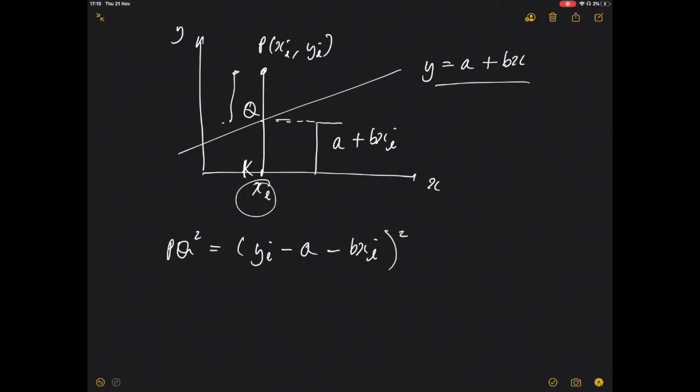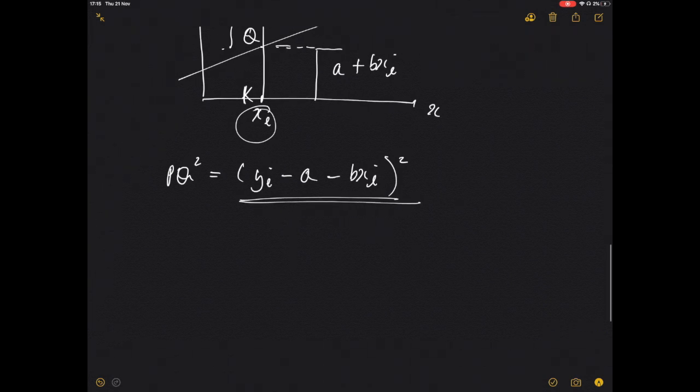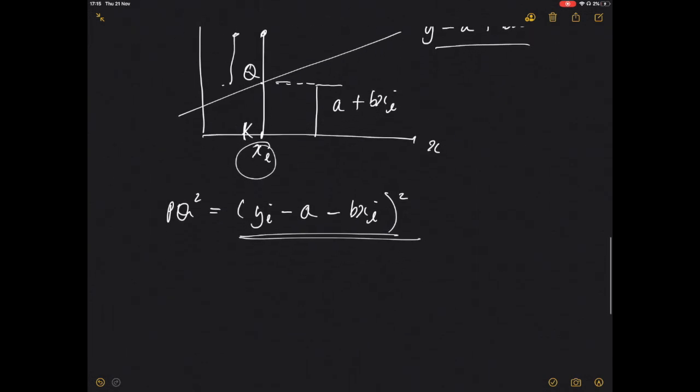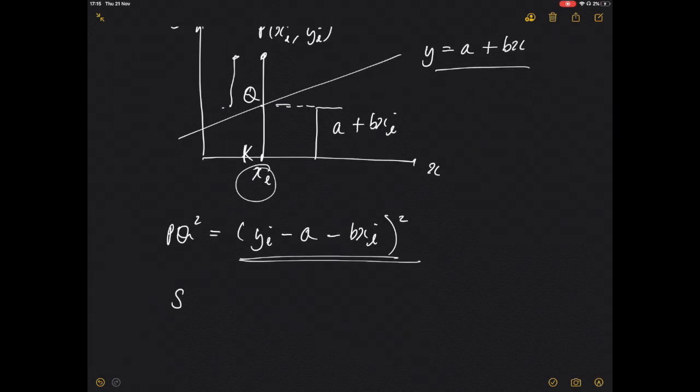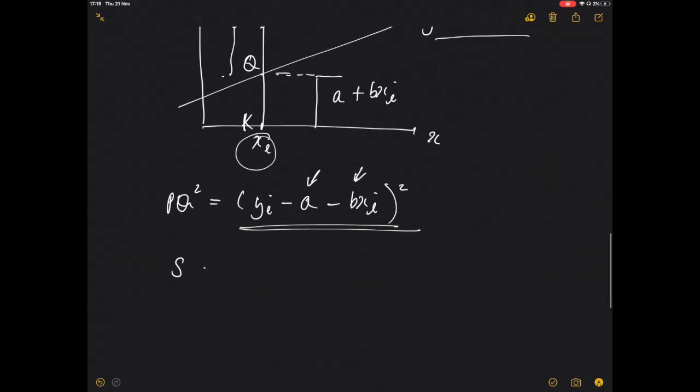So this now is a description, and it's actually a description of our slope, S. So this is showing our change about two variables, a and b. So we could say that our S is equal to y_i minus a minus b x_i, all squared.